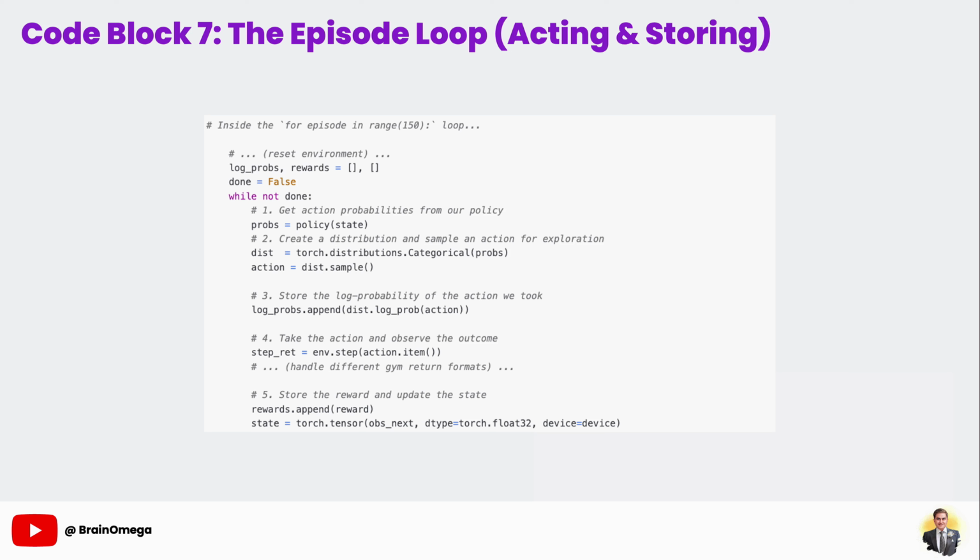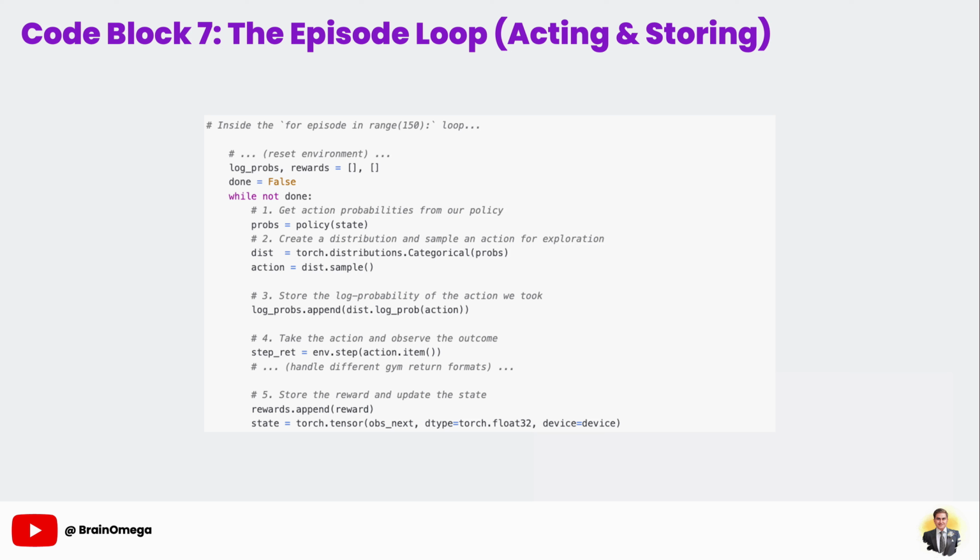Inside the while not done loop, the agent lives its life step by step until the pole falls over. At each step, it performs a sequence of actions. First, it passes the current state of the environment to our policy network to get action probabilities. Second, it creates a categorical probability distribution from these probabilities and samples an action.